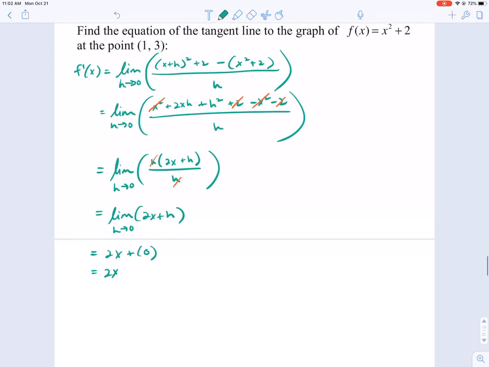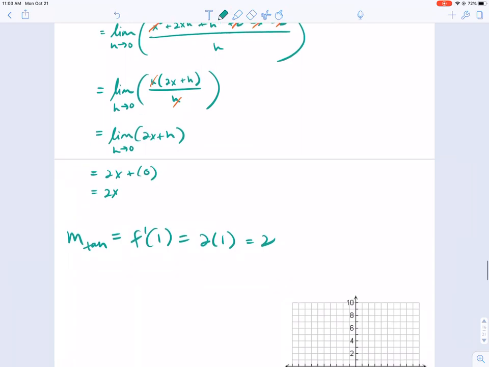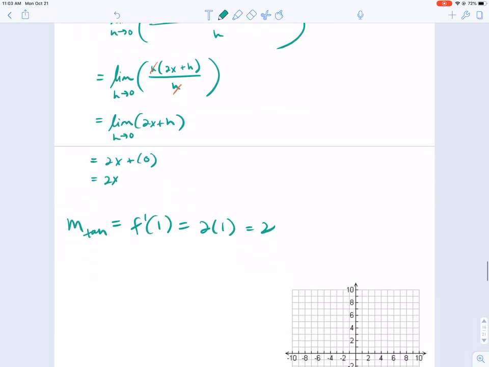Okay, so we want to find the equation of the tangent line at the point 1, 3. So we need the slope of the tangent line there, which will be f prime of 1. Okay, which is equal to 2. And then using point slope form, y minus 3 equals 2 times x minus 1.